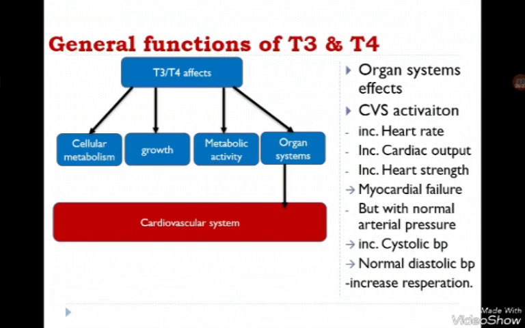However, thyroid hormones in general also have direct effects on the cardiovascular system, by stimulating the heart directly to increase cardiac output and by stimulating the synthesis of new proteins to increase heart strength.